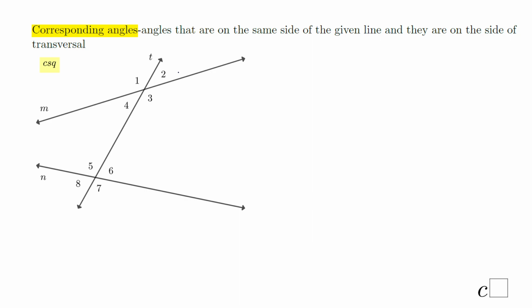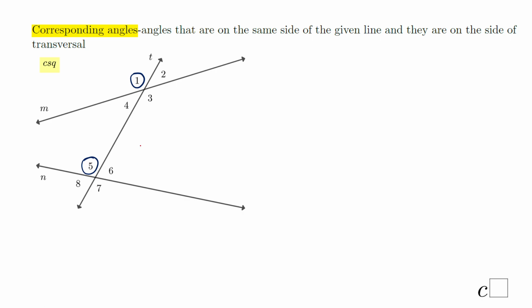So 1 and 5 is the first set of corresponding angles. You notice they are one interior, one exterior, and on the same side of the transversal. I think that is a better definition than what I said here.